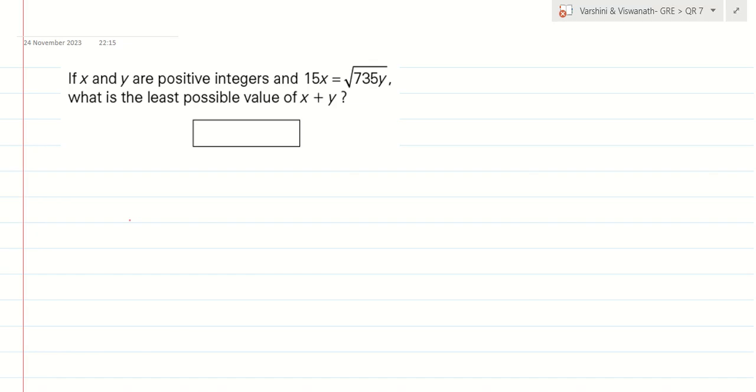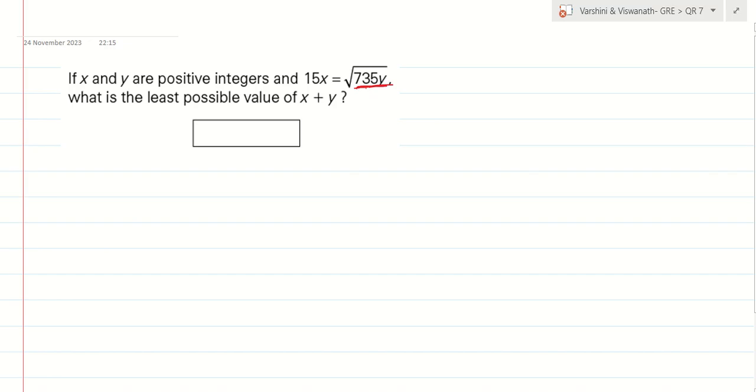Squaring on both sides will get the answer, but try to do it another way. That way also gets the answer, but try the simplest way. What do you do? Just factorize this one.